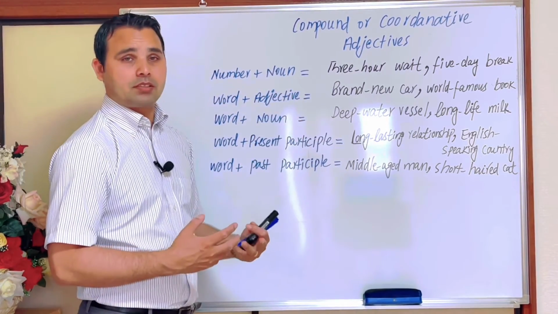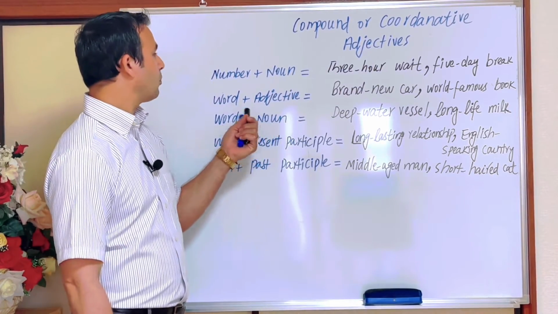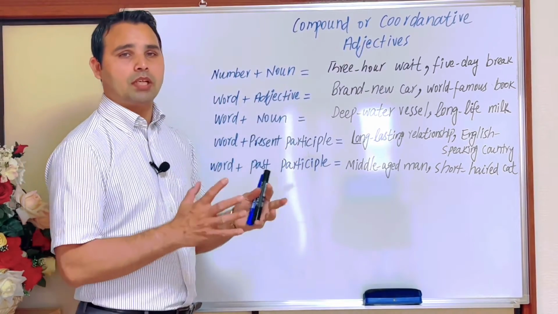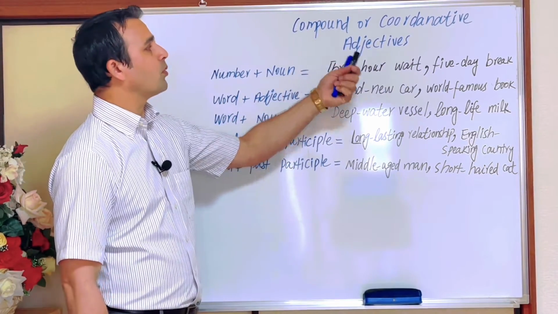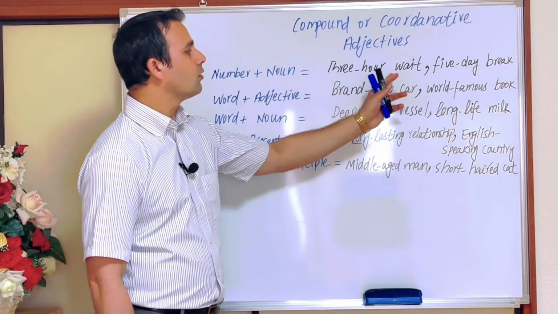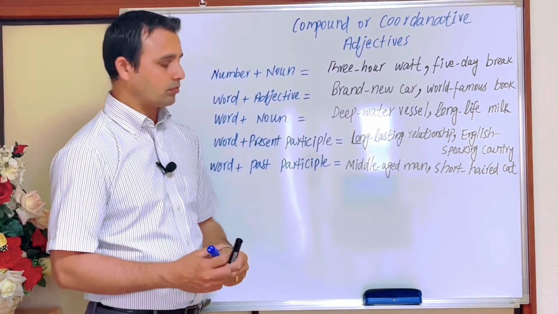There are different ways that you can make compound or coordinative adjectives. For example, when you put a number and a noun together, you can make compound or coordinative adjectives like 3-hour, 5-day break.